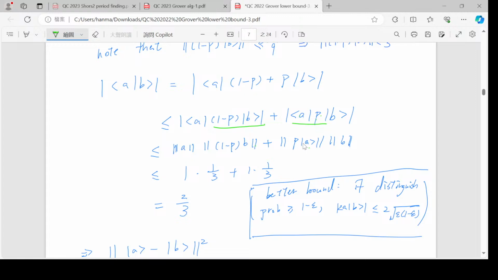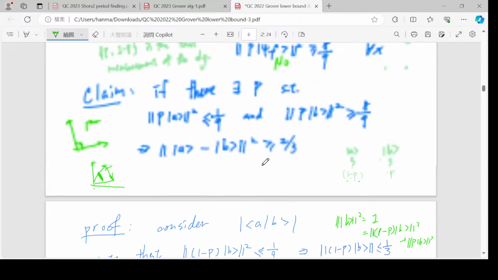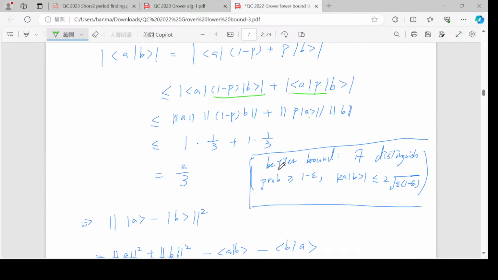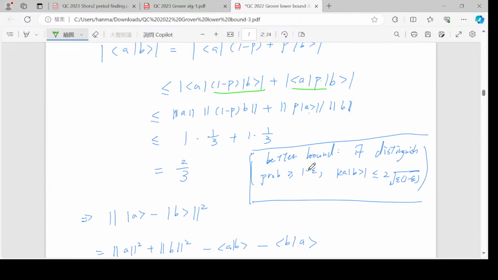This norm is small just from this thing. And so the total is less than or equal to 2/3.